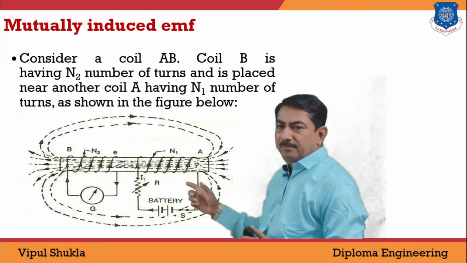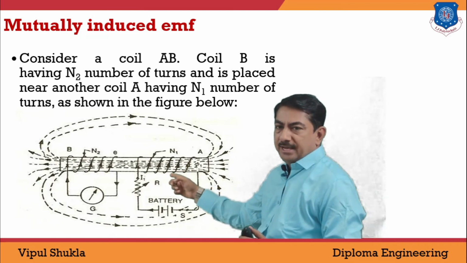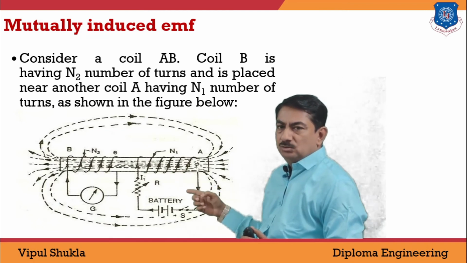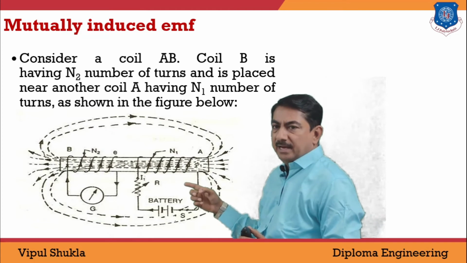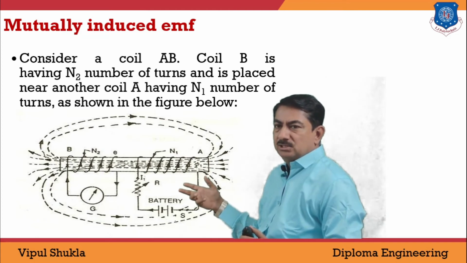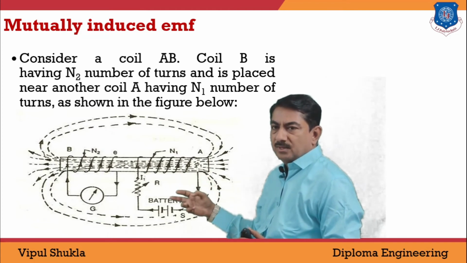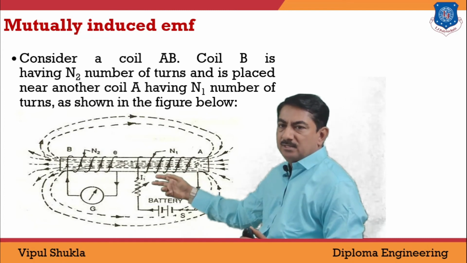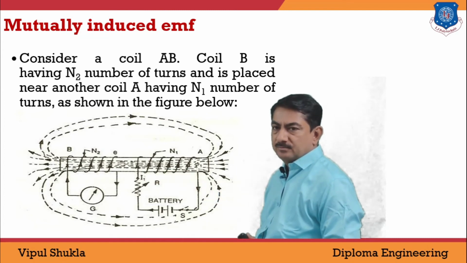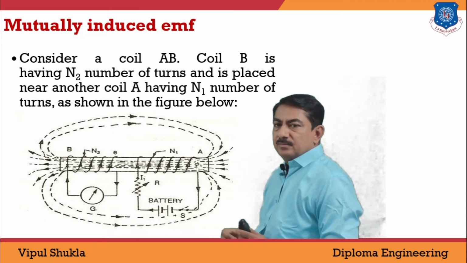Consider a coil A B. The number of turns of this coil is N1. Coil B has N2 number of turns, and it is placed near another coil having N1 turns, as shown in this figure. Now what happens?